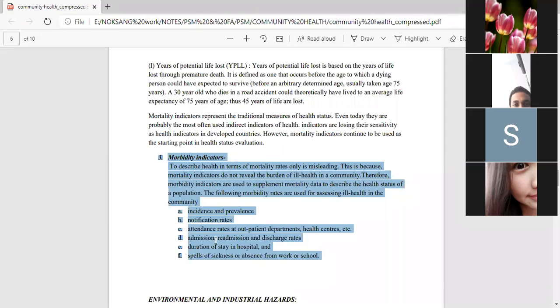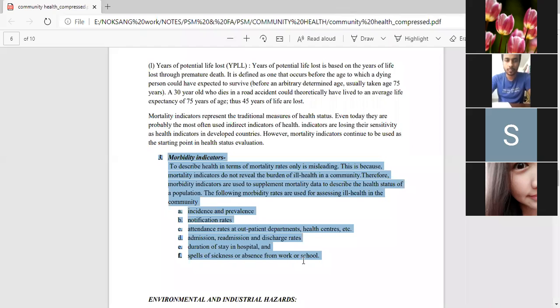Admission means whenever you are sick, you get admitted to the hospital. And once you are fine, you take discharge. But even after getting discharge, if you are not totally well, you again go for admission. That is known as readmission. Next is the length of stay in the hospital, meaning the duration of stay in the hospital. Next is the spell of sickness or absence from work or school.